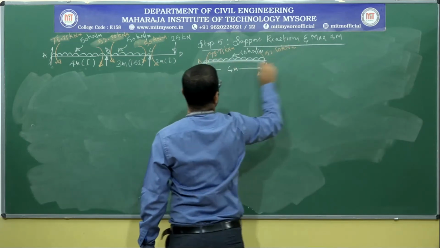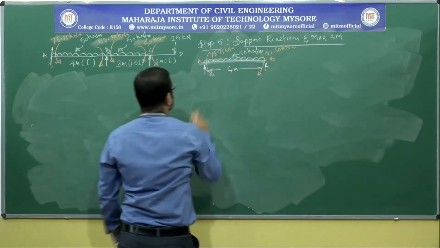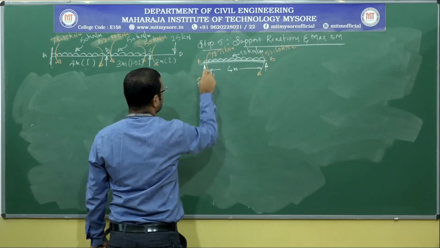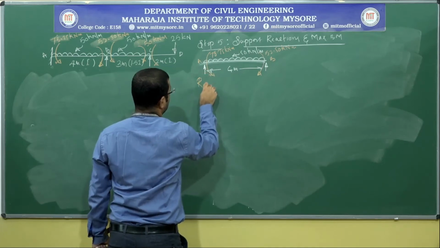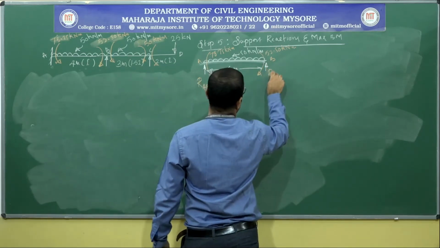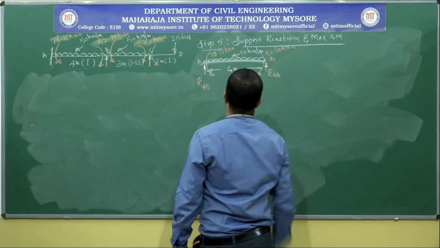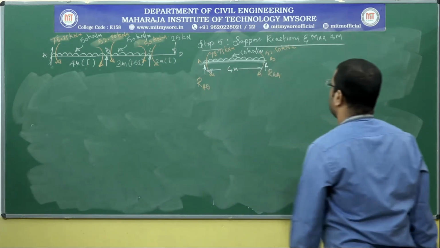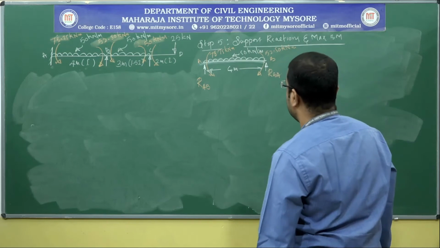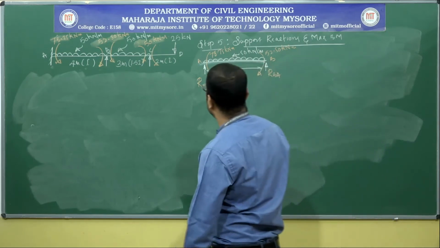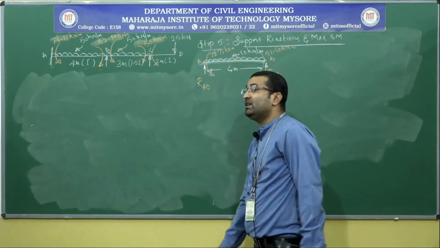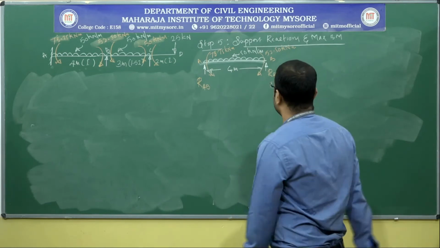So this is end A, this is end B. Let us consider this support reaction as RAB and this support reaction as RBA. We need to determine the values of RAB and RBA and also the maximum positive bending moment in the span AB.